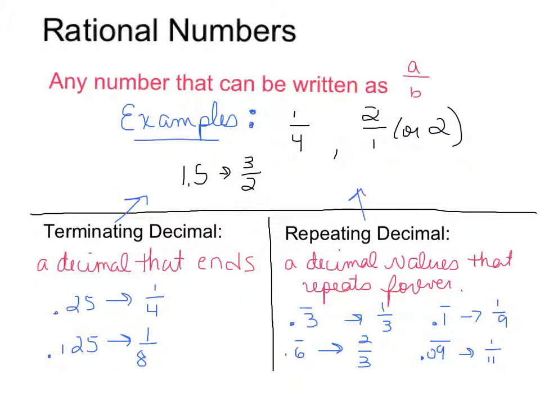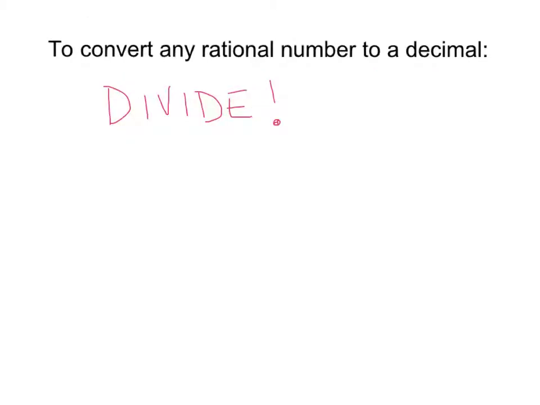And it's a way that we can see if something with a decimal value would be classified as rational or not. So basically, to convert any rational number to a decimal, all we're going to do is divide. So for example, if I want to know what 4/5 is as a decimal, hopefully we'll know that it should be 0.8.